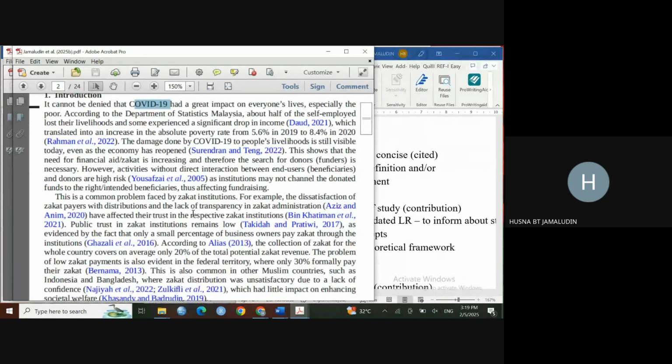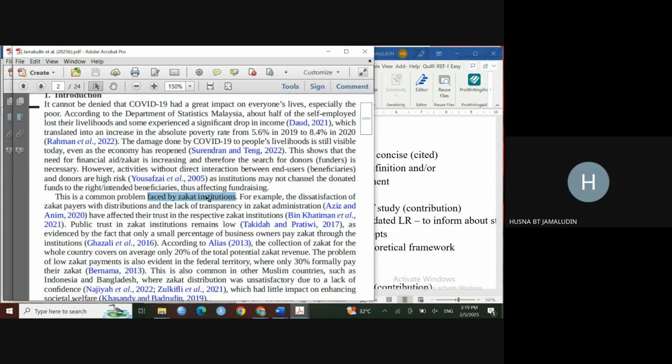Okay, second, you also have mentioned here, when you talk about zakat, right? Zakat institution: when you pay zakat, you pay to the institution, you cannot see whether the institution will really give your money to the recipient. So basically, there is what you call a trust issue faced by the zakat institution.